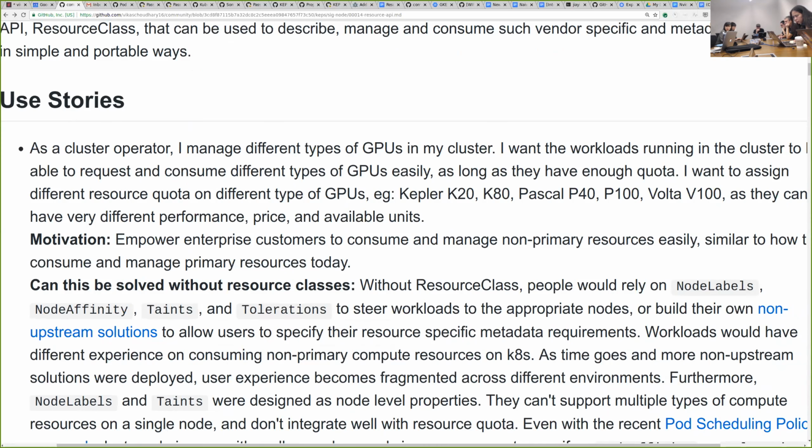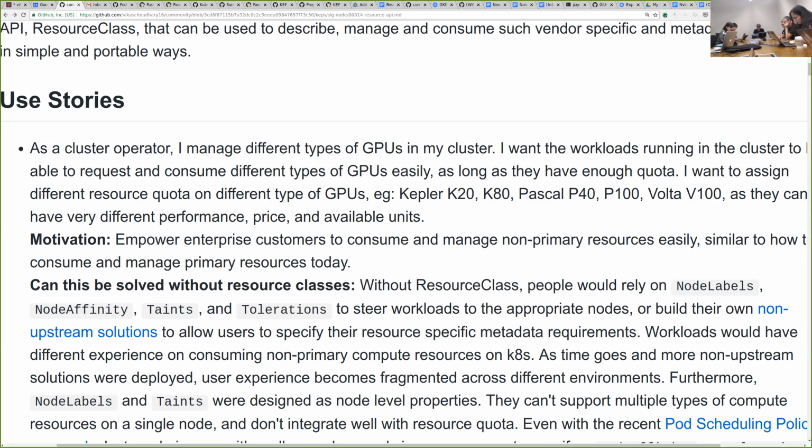I think we mentioned in the last meeting, those extended resources are non-primary resources.